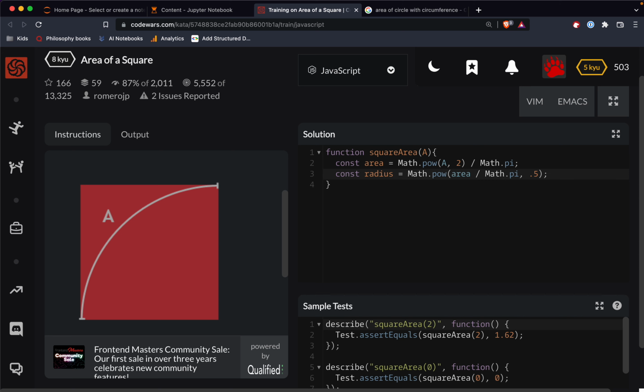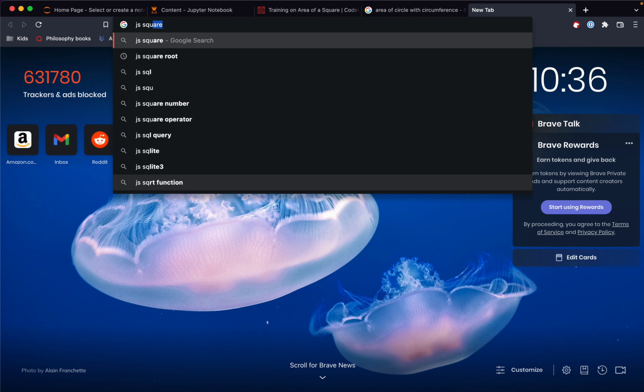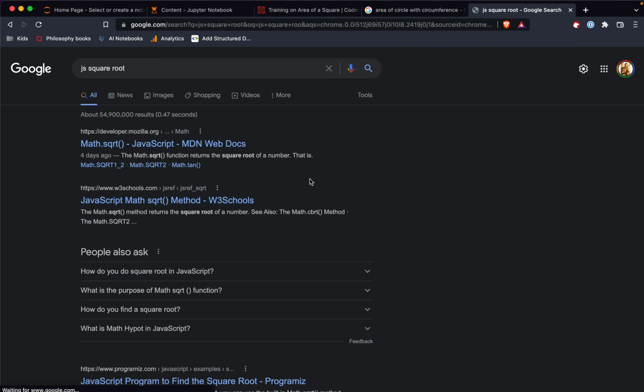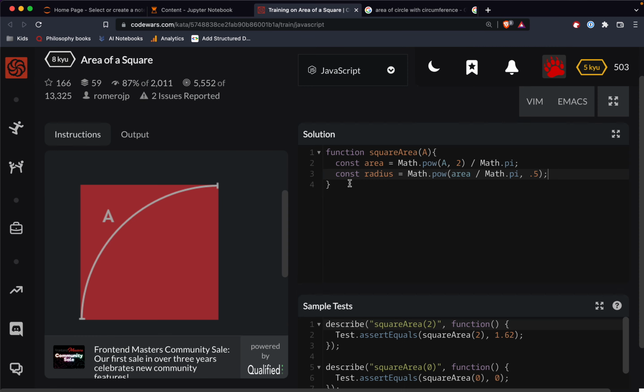I wonder if there's usually a sqrt function in JavaScript. Okay. So here we'll just do sqrt, all of that. We'll get rid of this second parameter. Okay, so now we have the radius, and we're just going to return math.pow radius squared.